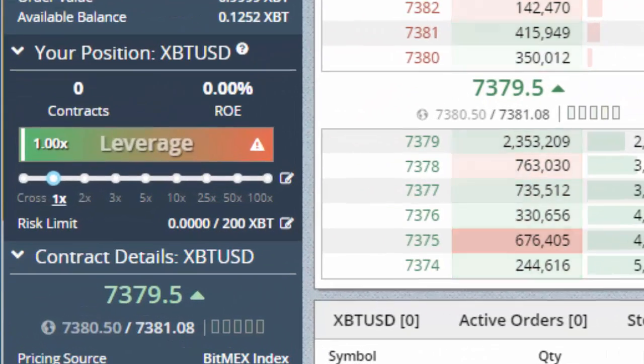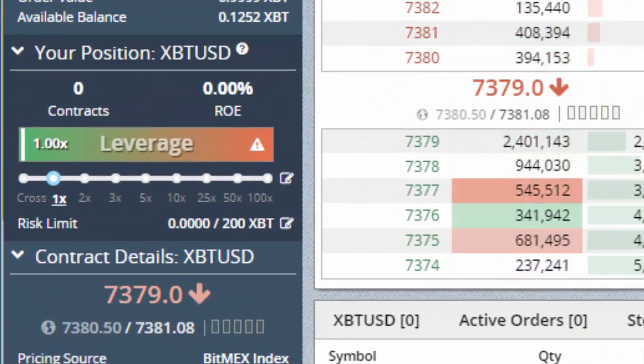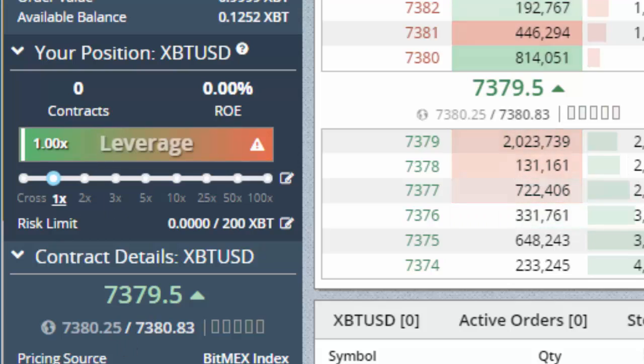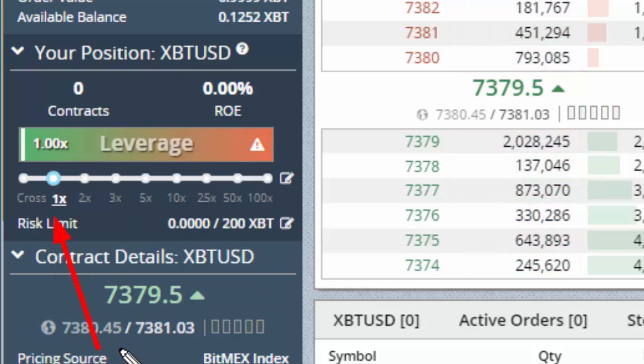So in your position, it's quite simple really. Think of it as a bank provided by Bitmex. This is where you can borrow off the exchange, and as we can see here, we can go from 1 times up to 100. Now I certainly wouldn't recommend 100. That would be financial suicide, to say the least, especially with a small amount in the account.